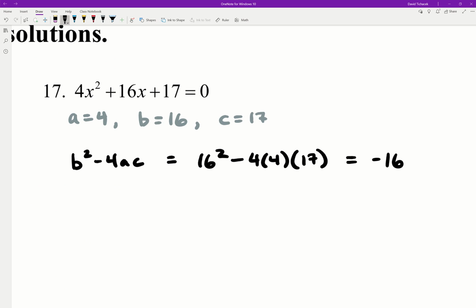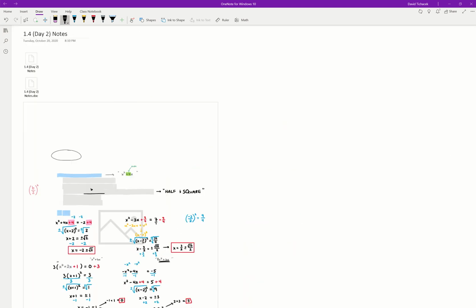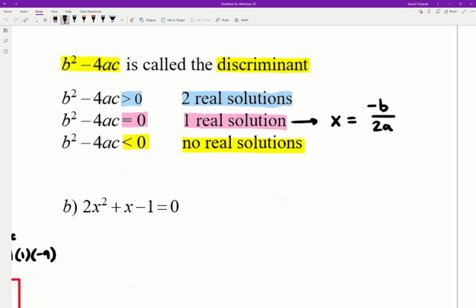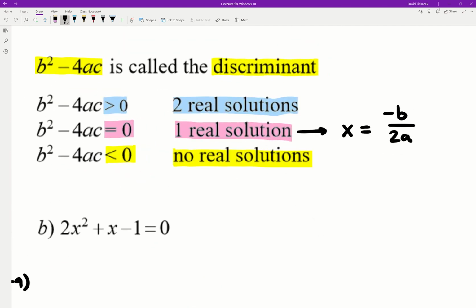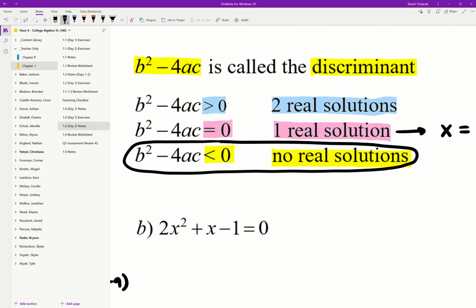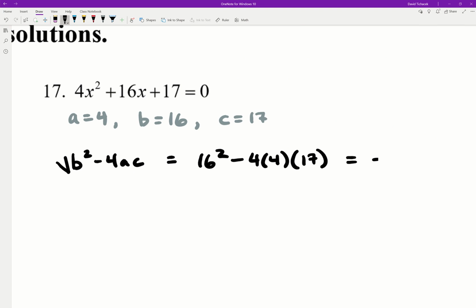You might remember from the 1.4 notes, if I go back to those here really quickly, we talked about the discriminant of your quadratic formula here. So if I scroll down, what we said before is that if your discriminant happens to be less than 0, then what you will conclude is that you have no real solutions. And that is a good conclusion because we aren't going to have any real solutions here. But remember that if you were to continue with the quadratic formula here, the discriminant is something that you would be taking the square root of.